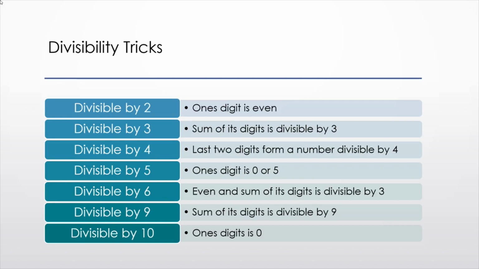Divisibility trick for 9, you're probably somewhat familiar with this if you're used to doing your 9 tables on your fingers. The sum of its digits is divisible by 9. Now, if it's divisible by 10, the ones digit is going to be 0.